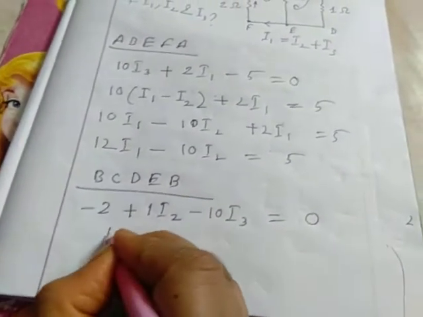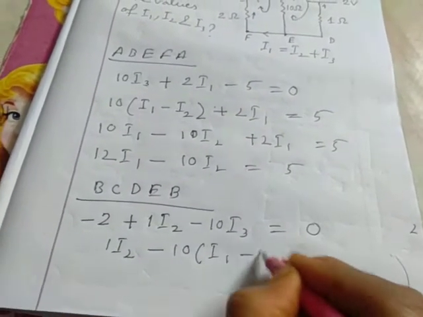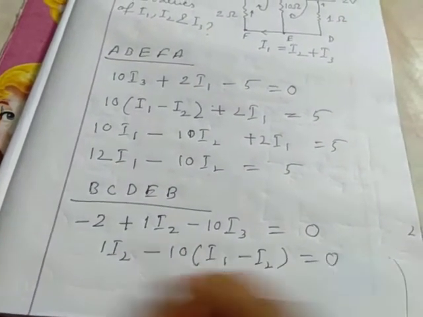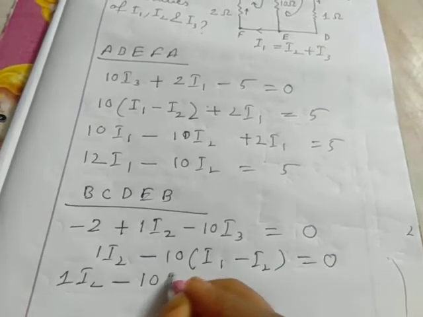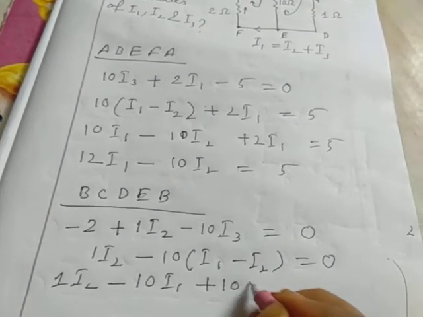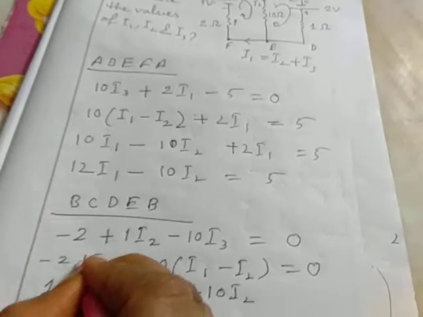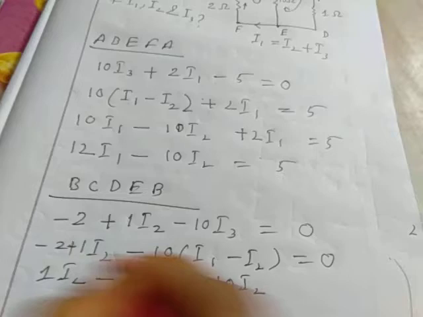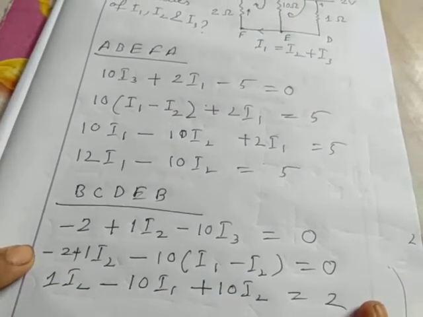Again 1 I2 minus 10 (I1 minus I2) minus 2 equal to 0. So 1 I2 minus 10 I1 plus 10 I2, oh sorry, here minus 2 volt, this minus 2 we can take to that side, equal to 2.